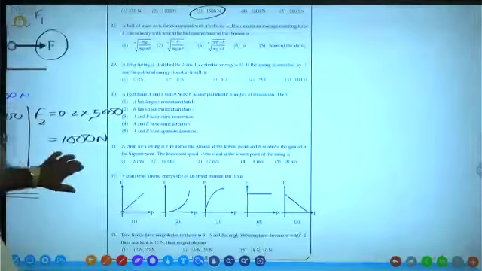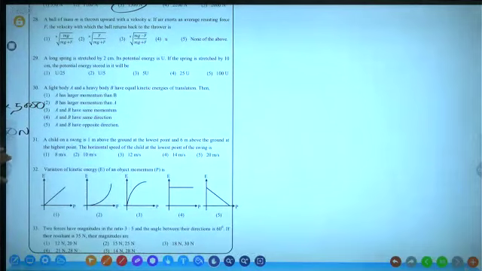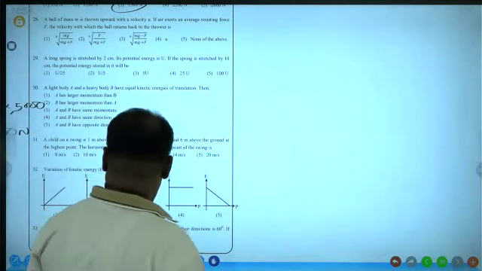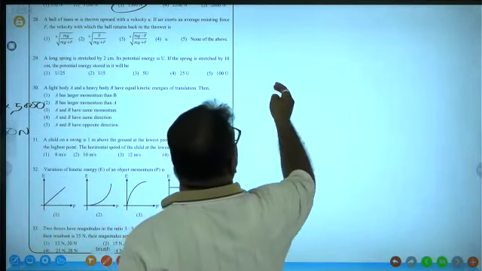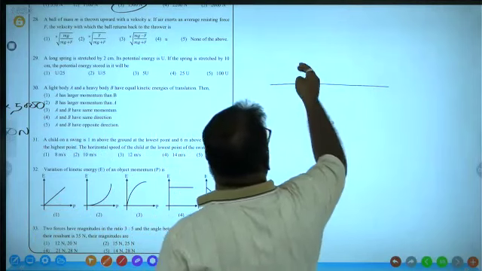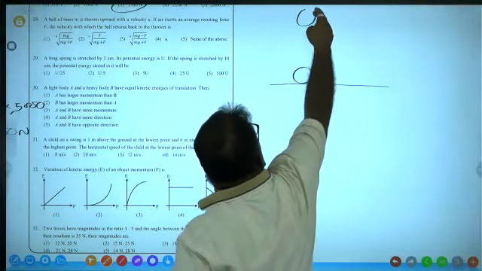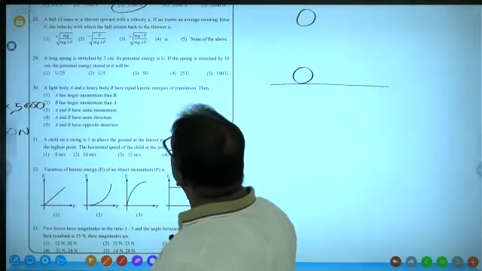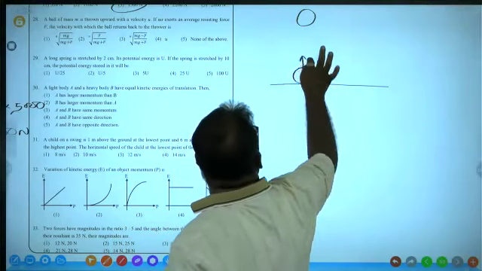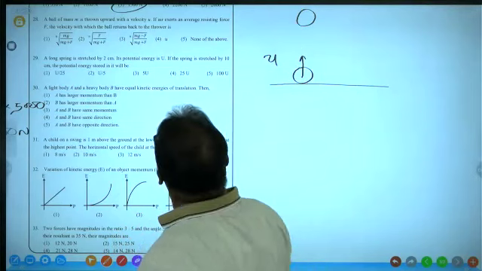28. Can we check? A ball of mass M, like this, is thrown up with a velocity of u. Okay.